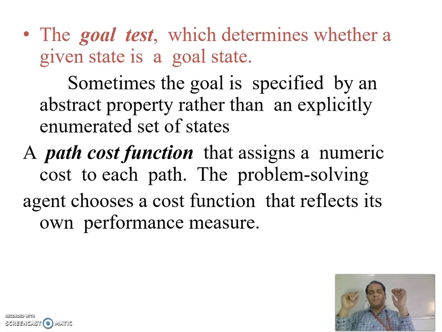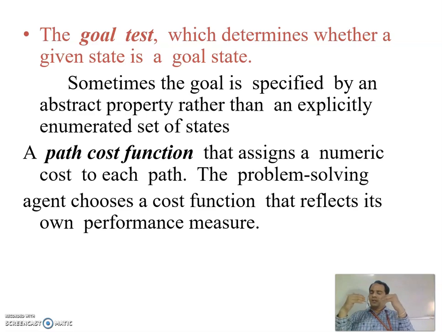Sometimes the goal is specified by an abstract property rather than an explicitly enumerated set of states. For example, if I say you have crossed 40% of marks, then you have passed the exam. So that may be your goal of passing the exam, reaching 40% of marks. I can also specifically mention an enumerated set of states: if this is the state, then you have passed. Now what happens with the chess example?